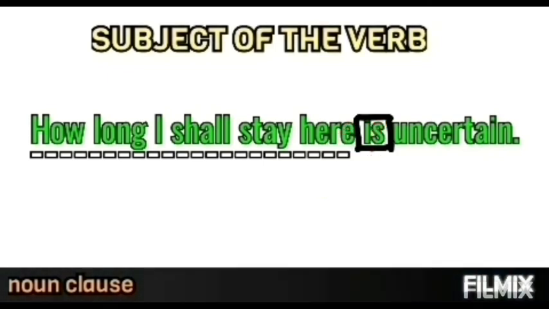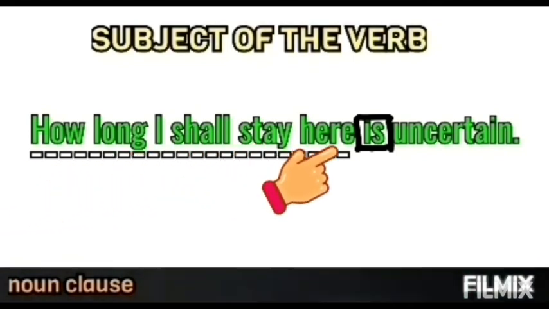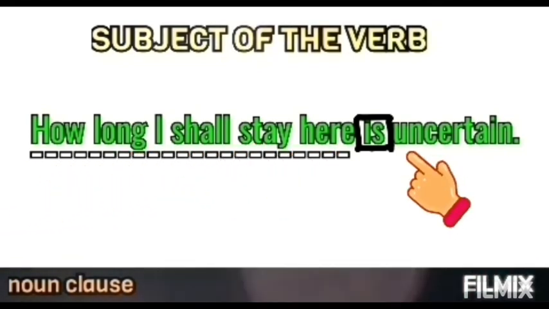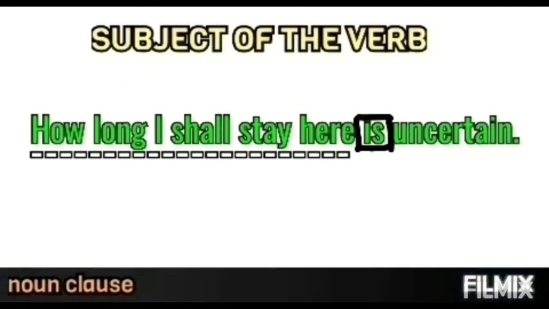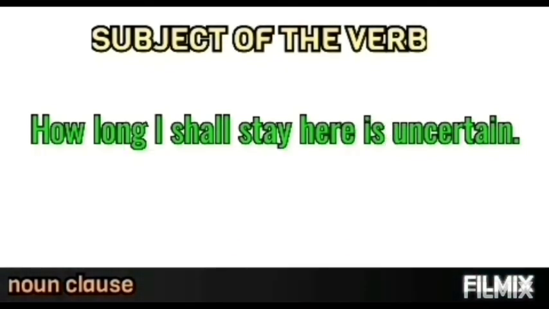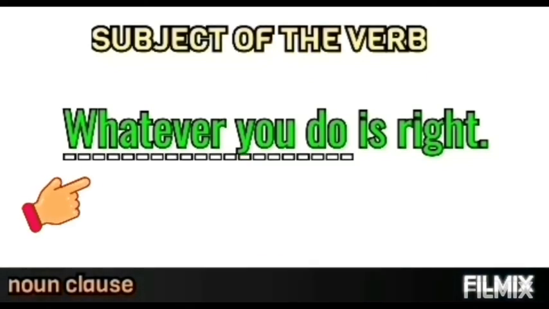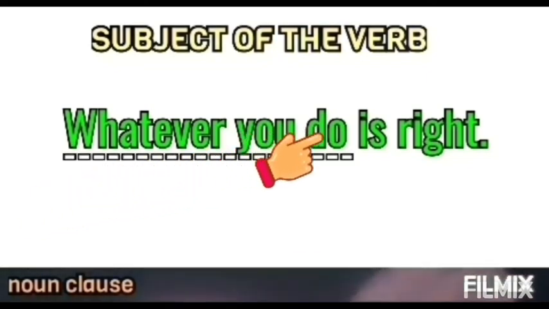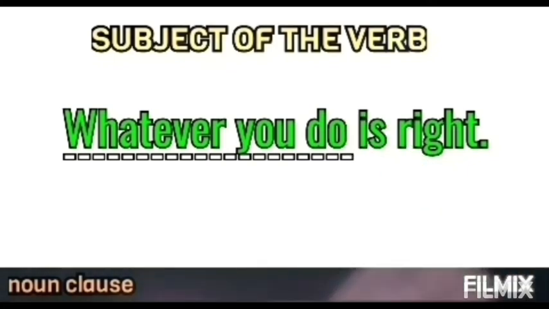So in the first sentence, how long I shall stay here is the clause, and is the verb. So I put a box around is. We can also say it is uncertain, right? So in place of it, I have used the full sentence, how long I shall stay here. In the next sentence, whatever you do is right. So whatever you do is the clause. We shall underline it and put a box around is.